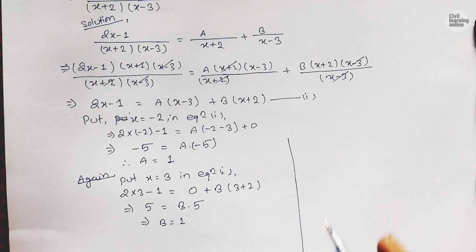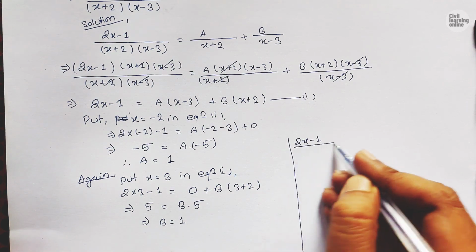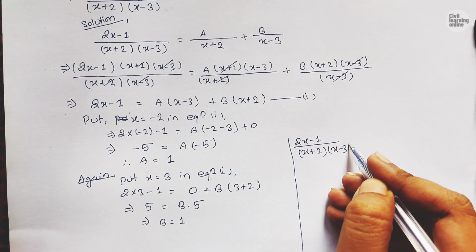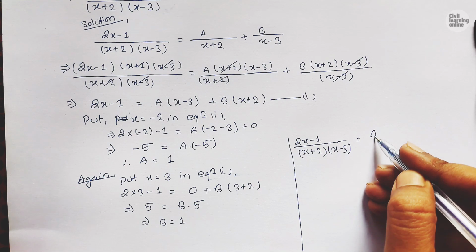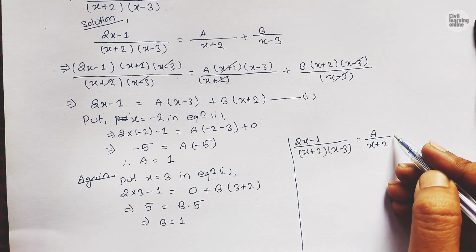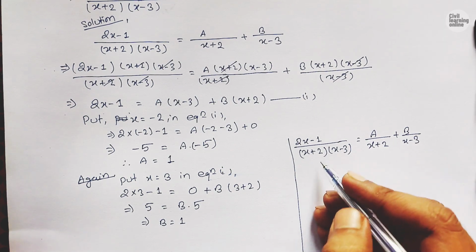So what we had, 2x minus 1 upon x plus 2 times x minus 3 equals to a upon x plus 2 plus b upon x minus 3.